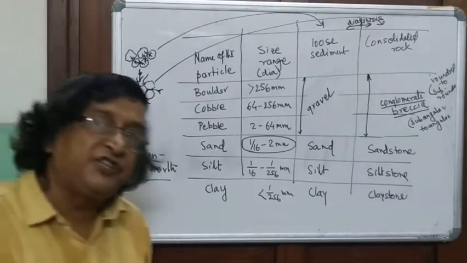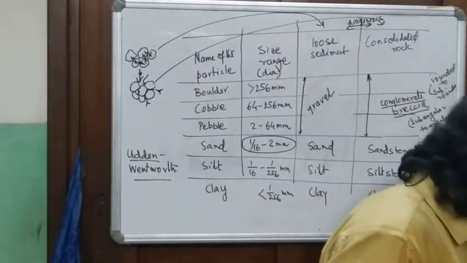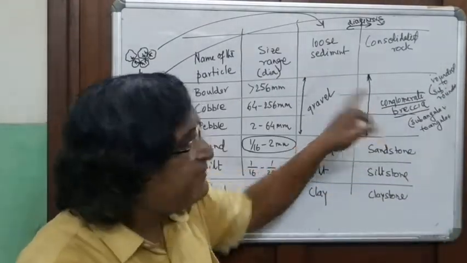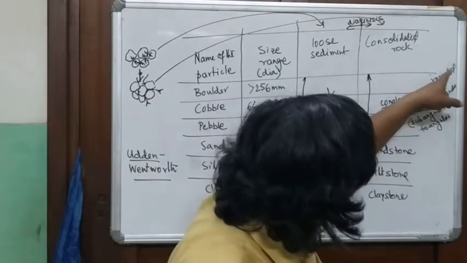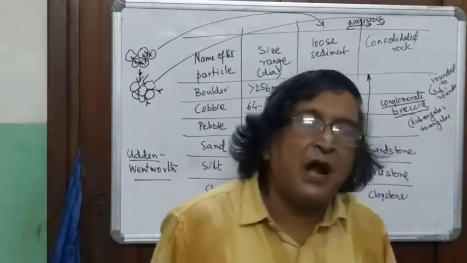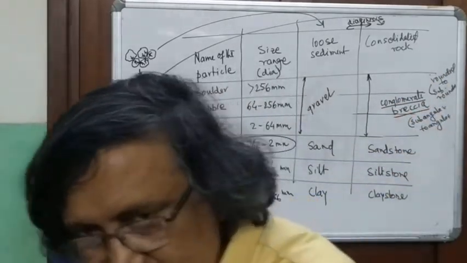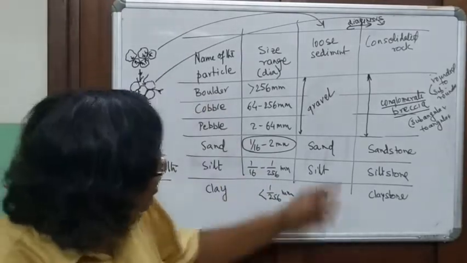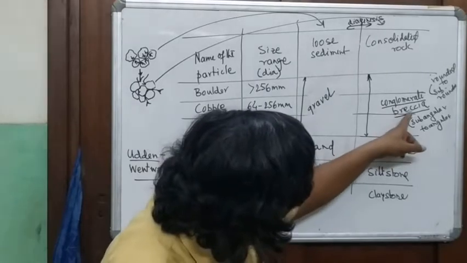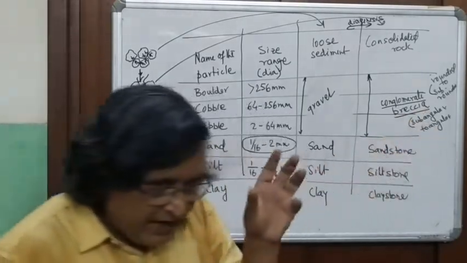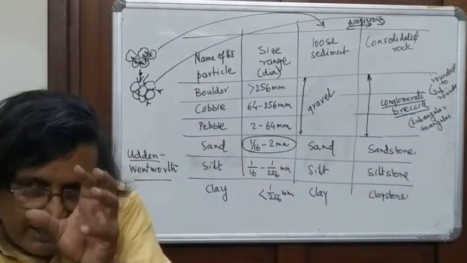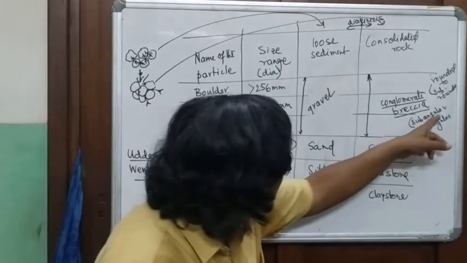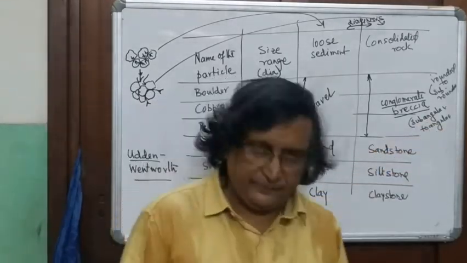Conglomerate refers to rounded to sub-rounded aggregates, where the individual grains are rounded to sub-rounded. Whereas breccia, B-R-E-C-C-I-A, is the name given where individual grains are subangular to angular.